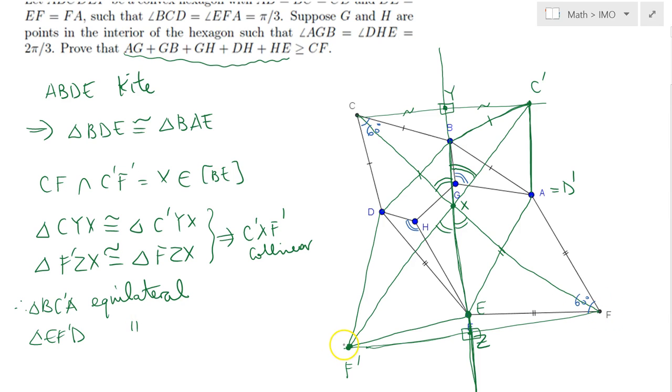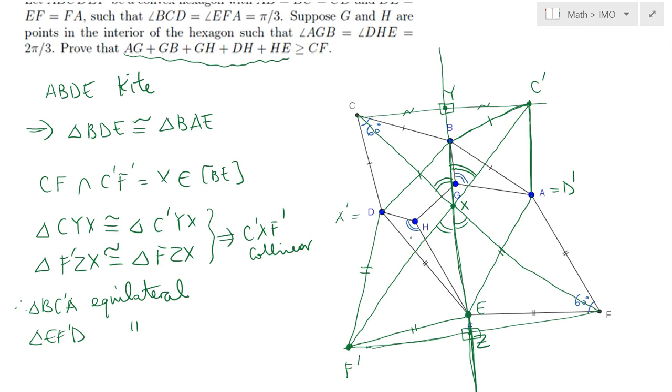F is reflected across the axis of symmetry, so E F prime is equal to E F. In a similar way, A is reflected across the axis of symmetry, so D is nothing but A prime. So as a result, F prime D is nothing but AF. Therefore, you have another equilateral triangle here.